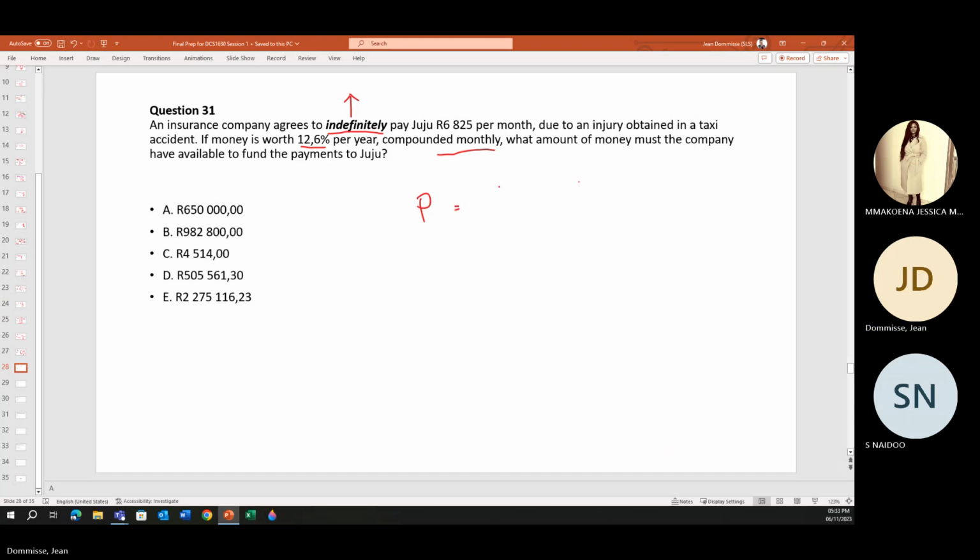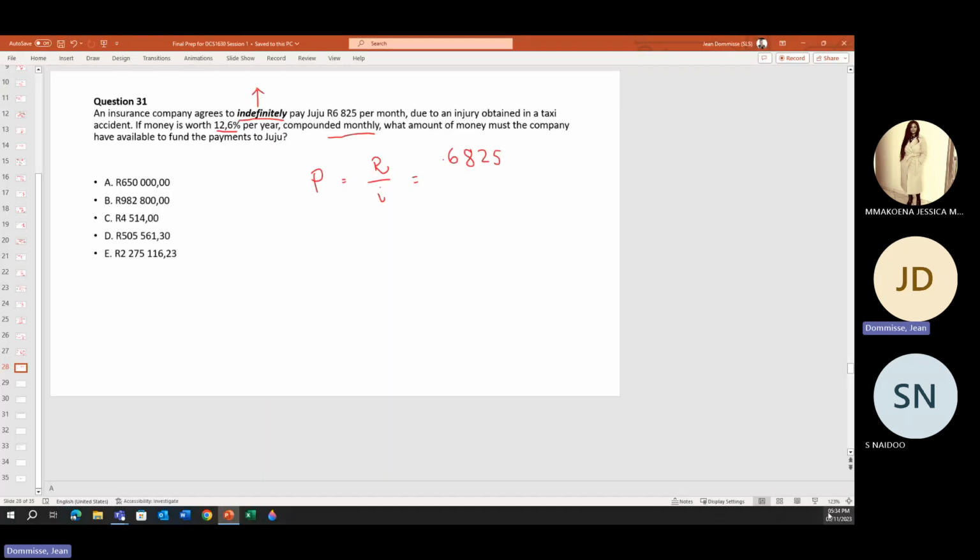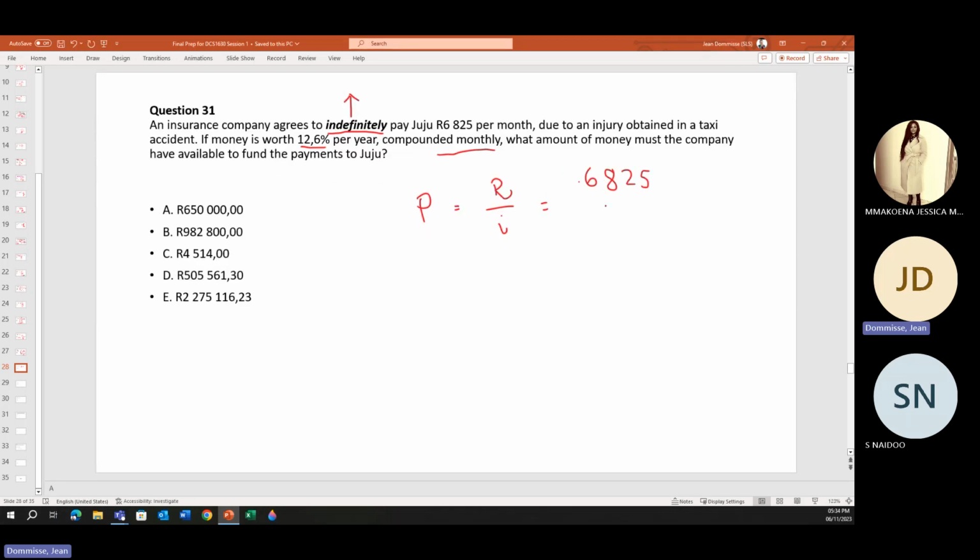Okay, so remember, we look at the total investment that we need to work out. They told us what the monthly payout is, and they give us the interest rate. Then we must make sure that we use that interest rate correctly, so that it is a monthly interest rate. So we must divide by 12.